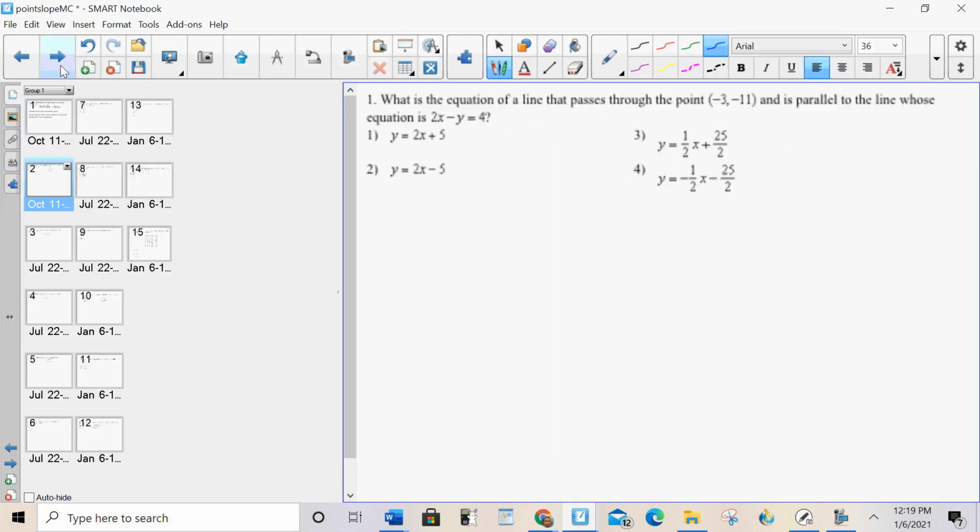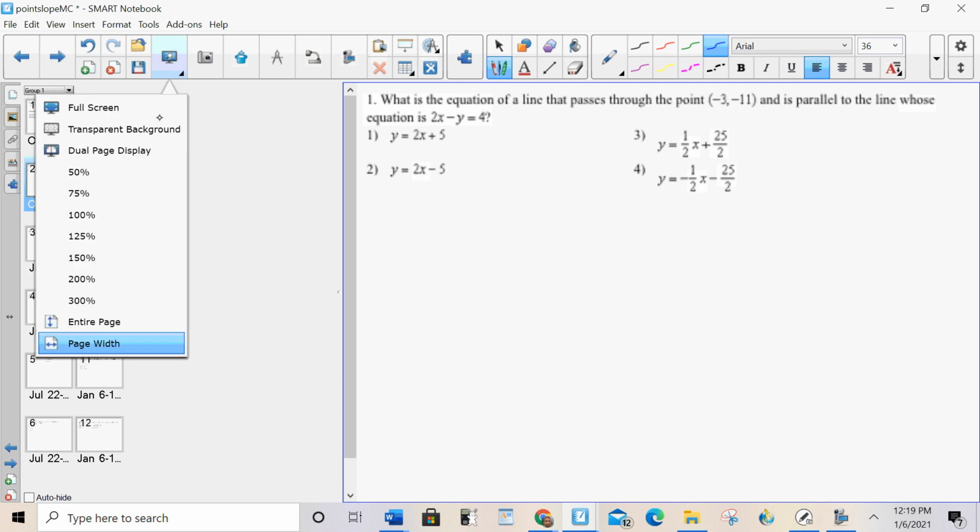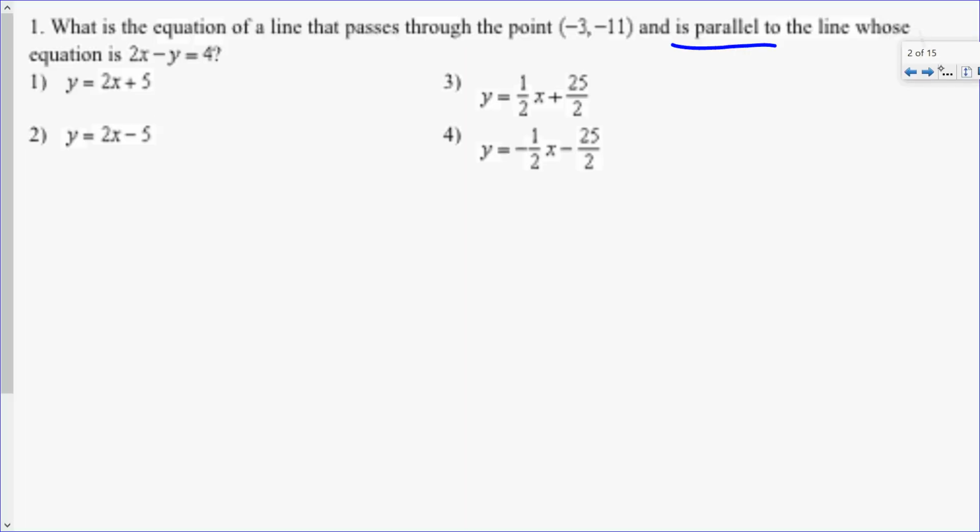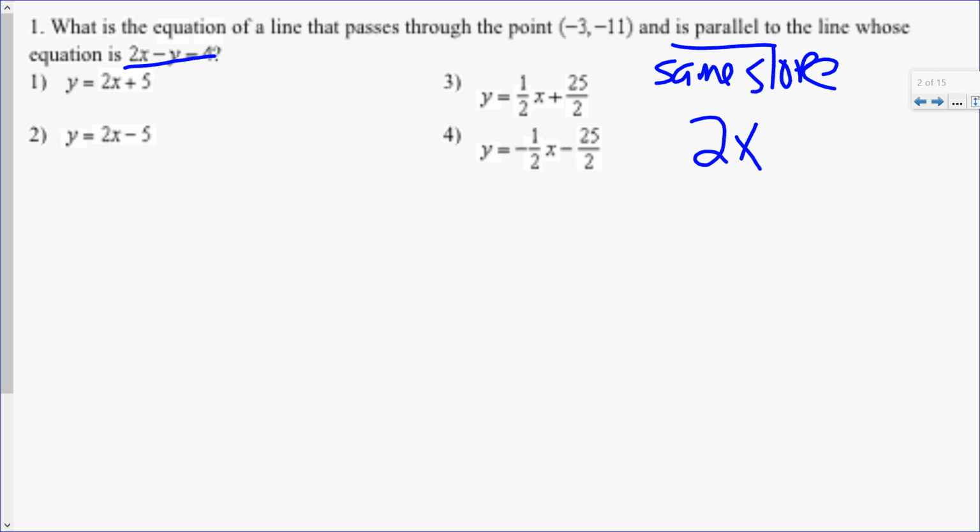Let's jump right into it. What is the equation of a line that passes through the point -3, -11, and is parallel to the given line? Well, parallel has the same slope. So it has the same slope as this. Now that is not in the proper form right now, so we need to get it into the proper form.